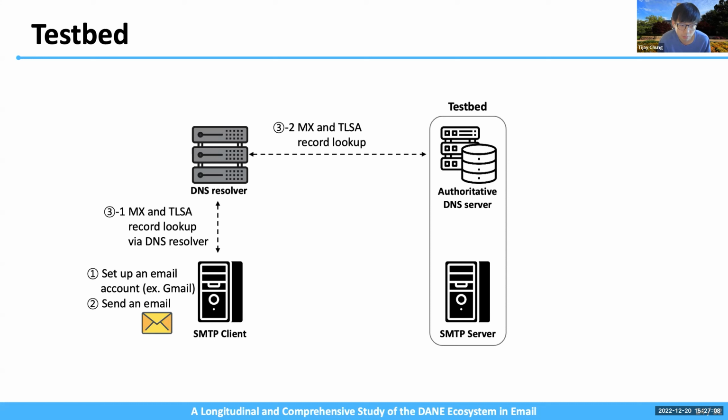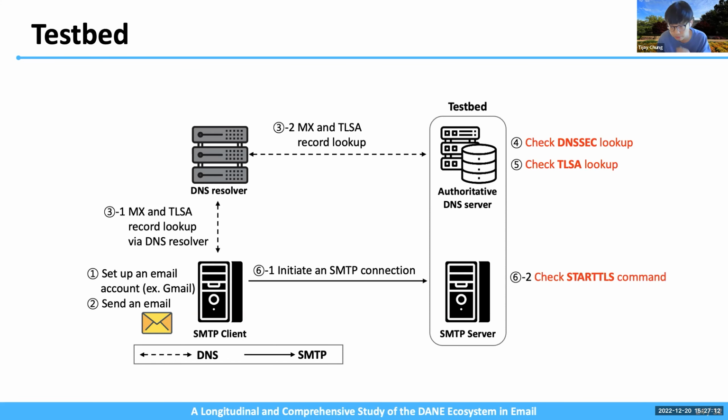That's what we did. We sent emails from the clients, and we checked the DNS records and the STARTTLS commands, because we control our servers as a test bed, so we can analyze all the logs.